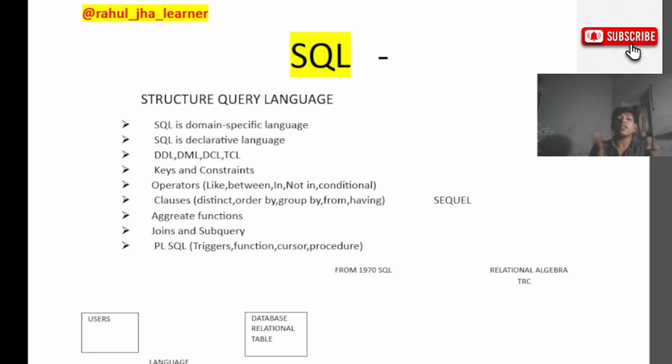And whose help did he take to prove this? Relational algebra as well as tuple relational calculus, TRC in short form. He used mathematical functions, relational algebra and tuple relational calculus, using formulas, and then he showed that we can actually store the data at some place and then fetch it later.